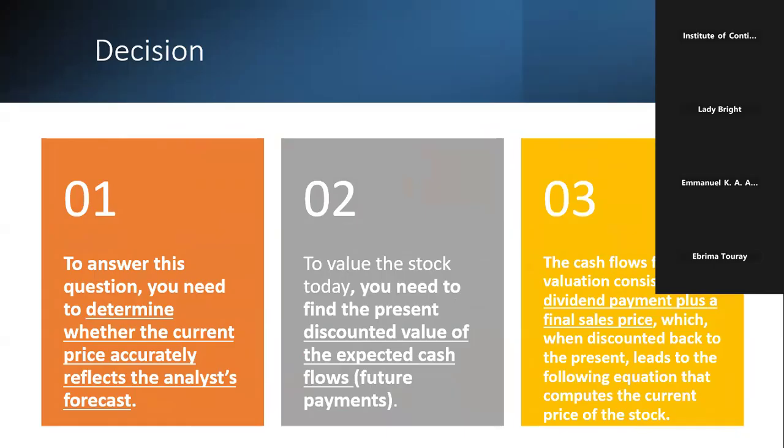What would the price be if we consider dividends to come, the interest rate, the current price, and we discount it into today's terms, present value? The cash flow for stock valuation consists of dividend payment plus the final sales, which is price appreciation, the difference between two prices.